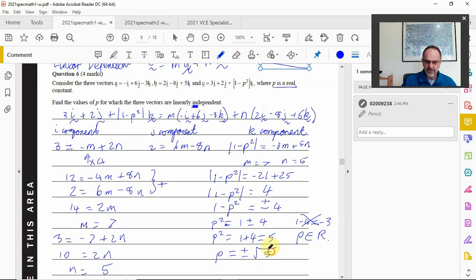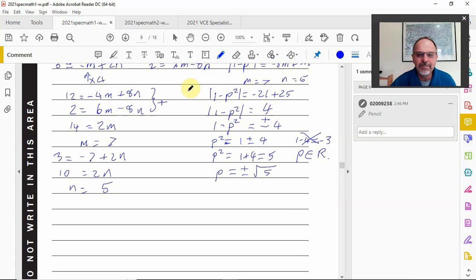All right, now this is for linear dependence. So these three vectors are linearly dependent when p is plus or minus root 5. Now in the question we were asked for independence. So if they're dependent for plus or minus root 5, then for everything else they must be linearly independent.